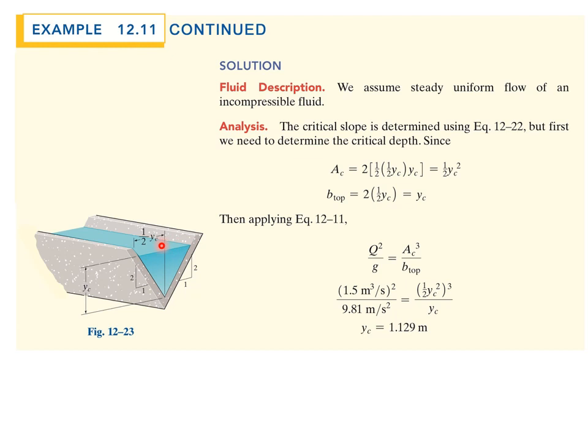The top is 1/2 y_C plus 1/2 y_C, which is y_C, the distance from here to there. So using equation 12.11, you know what Q is, g is of course known, and A_C and B top are functions of y_C. So you can determine y_C to be 1.129 meters, the critical depth.